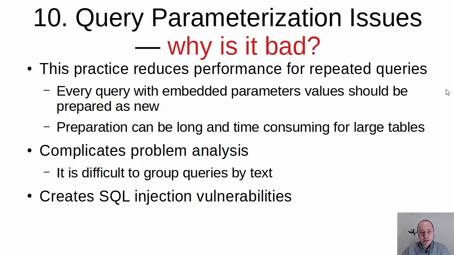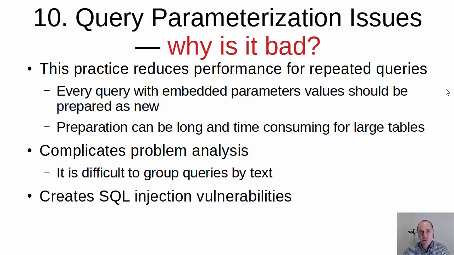Also, of course, it complicates the analysis. If you're running the Trace API and creating a performance report to see which queries consumed most of the time or most of the reads and fetches, due to the text in the parameters, each one will use another text and will not be grouped.